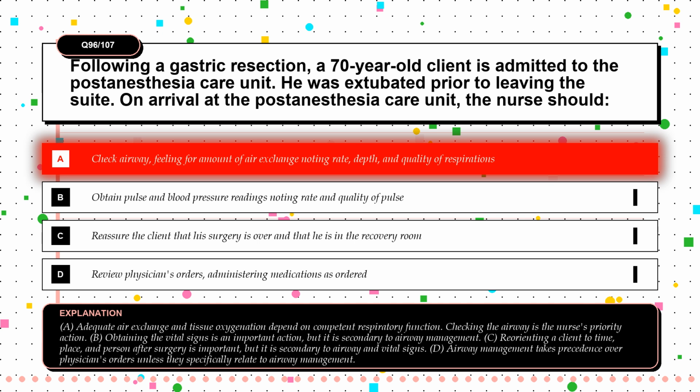B. Obtaining the vital signs is an important action, but it is secondary to airway management. C. Reorienting a client to time, place, and person after surgery is important, but it is secondary to airway and vital signs. D. Airway management takes precedence over physician's orders unless they specifically relate to airway management.